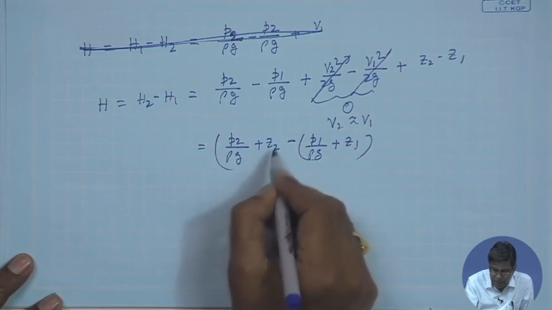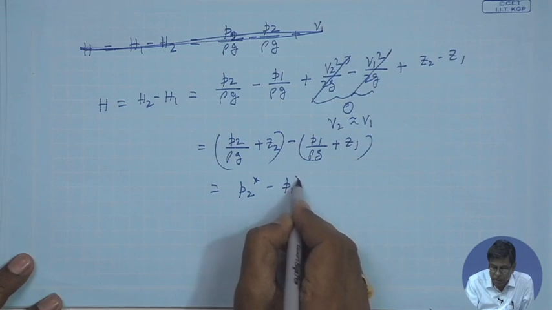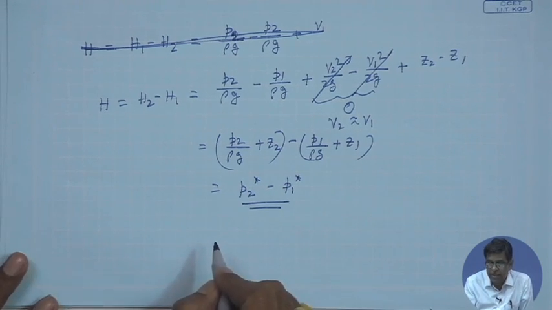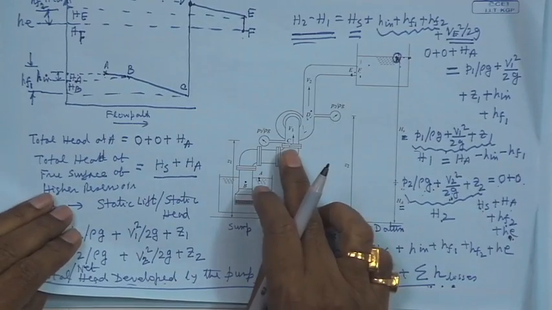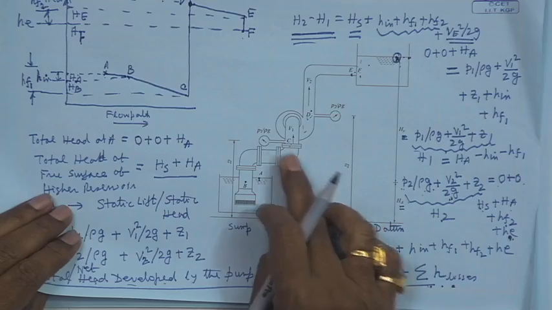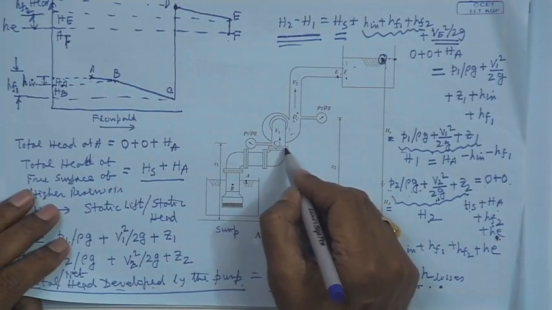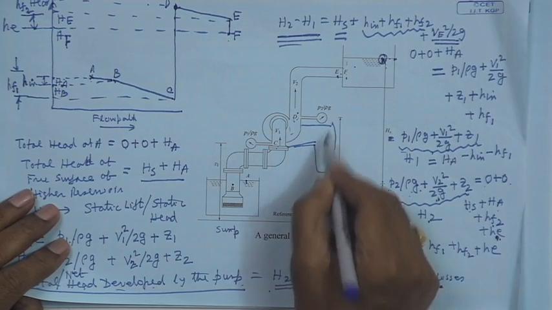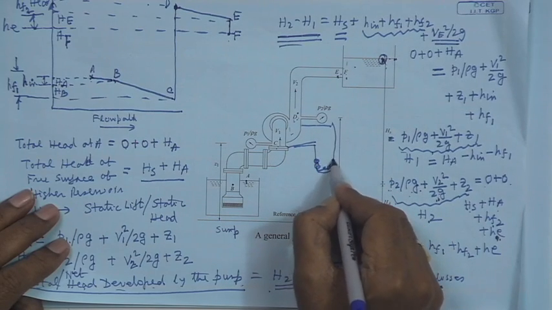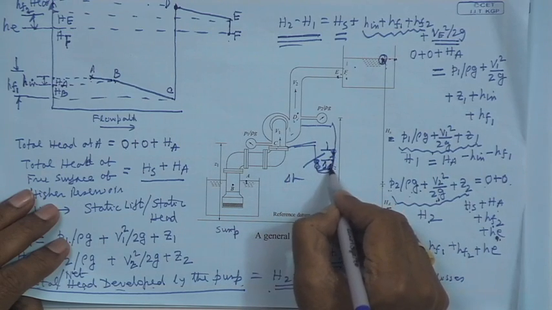So, this is nothing but the difference in piezometric pressure, which is registered if we apply a manometer across this pump. And as you know, the manometer registers, that means if we apply a manometer here and here, then from the deflection of the manometer, let this be the deflection delta H, this is the manometric fluid.